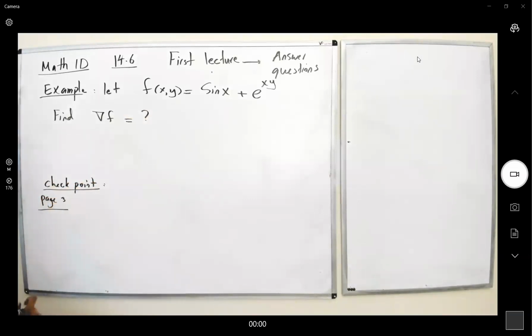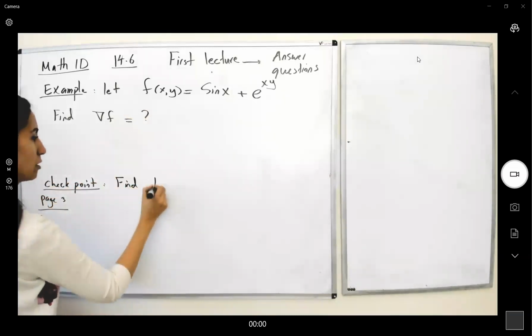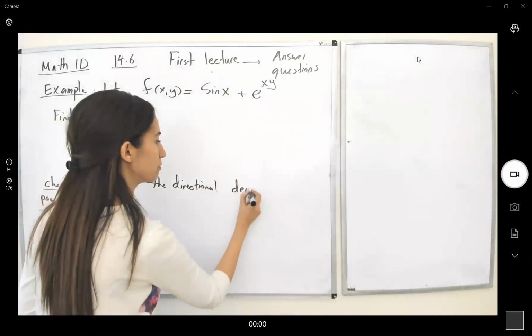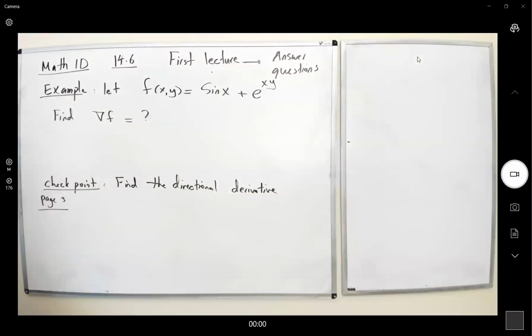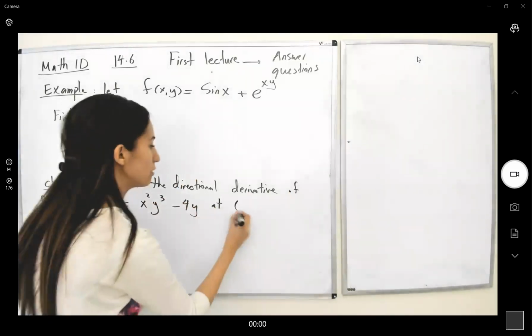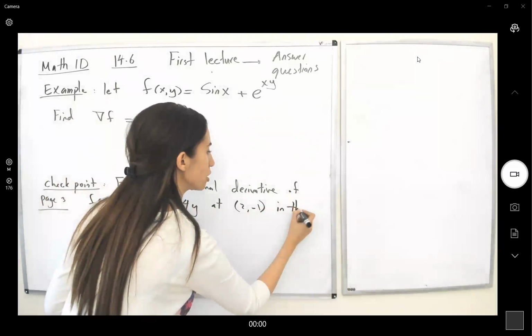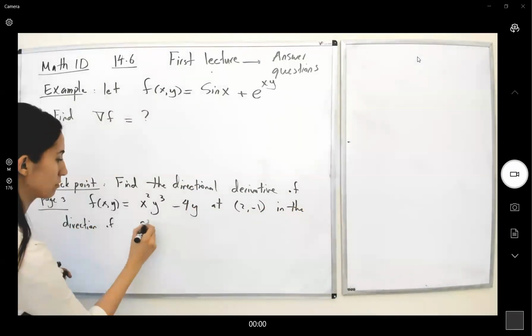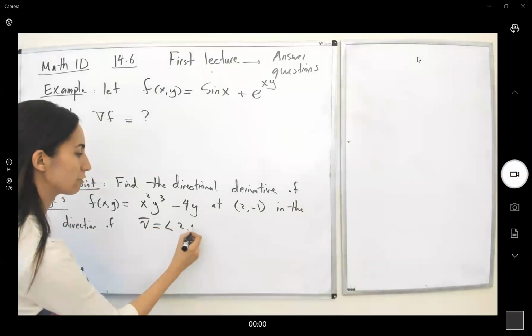It says find the directional derivative of a function f of x and y equals x squared y cubed minus 4y at the point (2, -1) in the direction of v equals (2, 5).